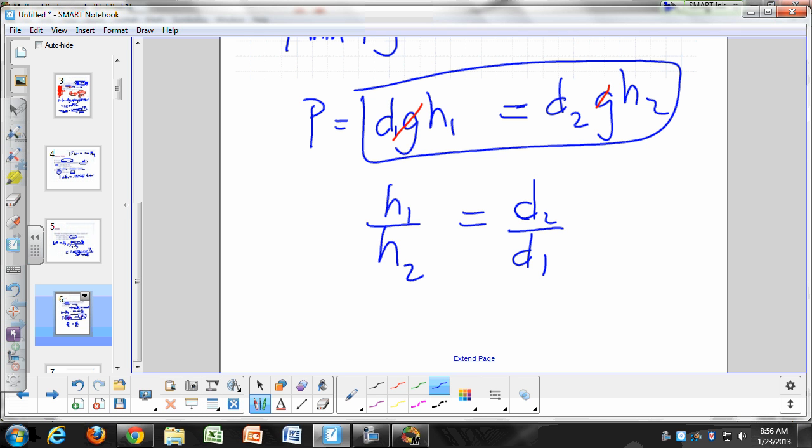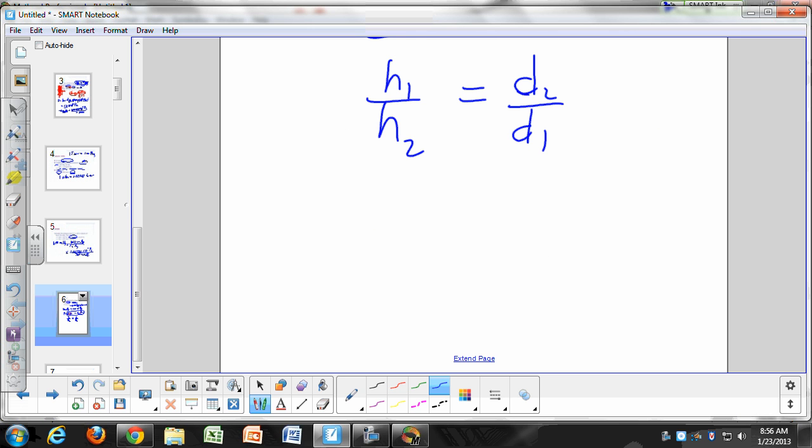So you can say that the pressure due to a column of liquid depends on the height and the density. The more dense it is, to have the same pressure, you're going to have a smaller height.